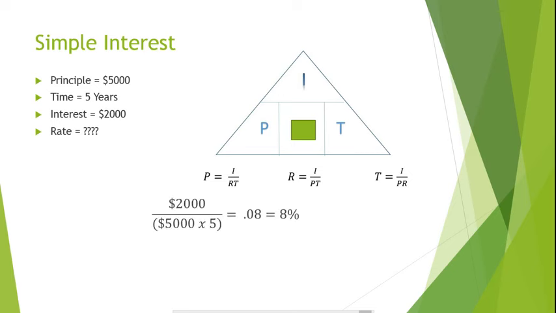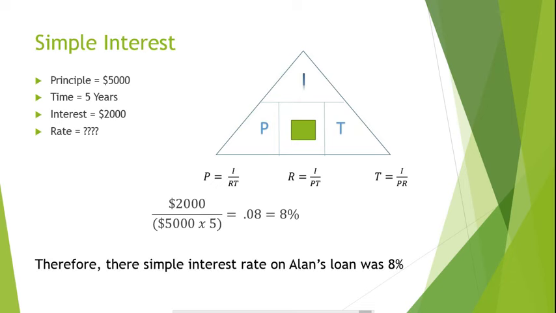Since we are solving for the rate of the loan, our formula is rate equals interest divided by principal times time, or R equals I divided by P times T. So if we plug in our figures, our formula would be 2,000 divided by 5,000 times 5, which would equal 0.08. Therefore, the simple interest rate on Alan's loan was 8%.